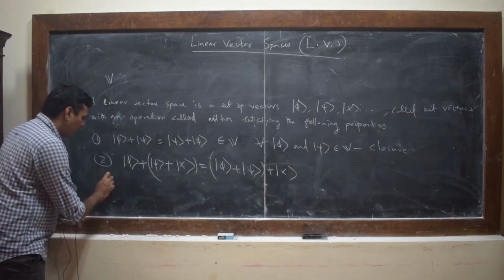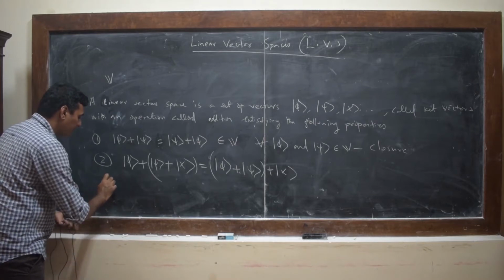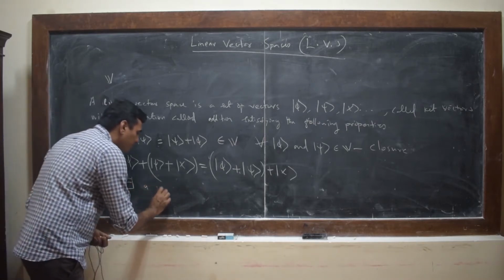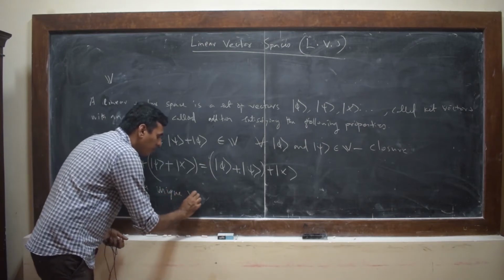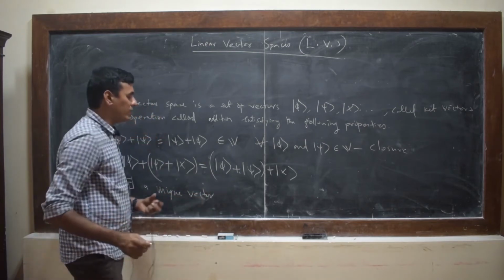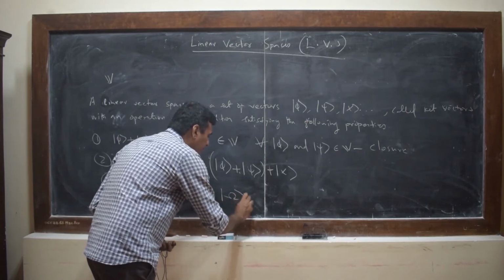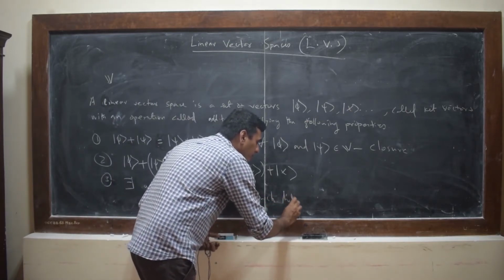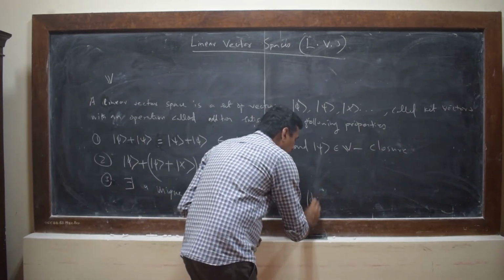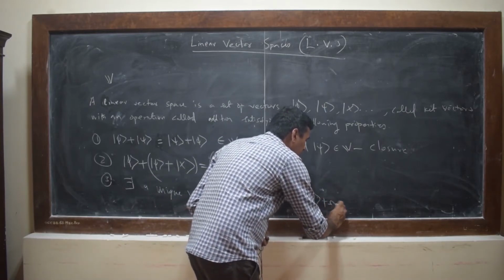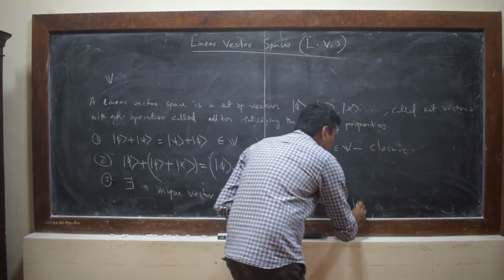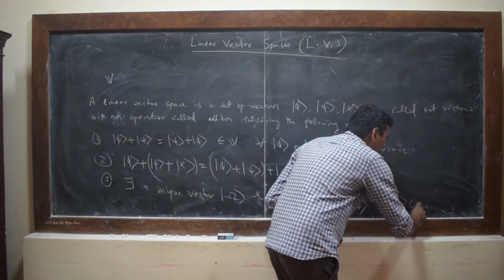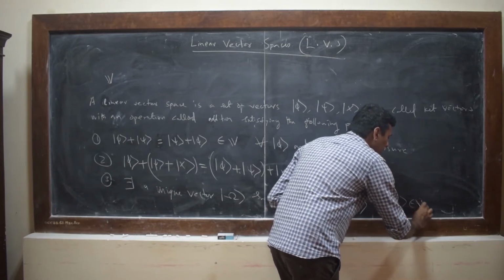The third one is that there exists a unique vector omega such that phi plus omega must be equal to phi for all phi belonging to the vector space.